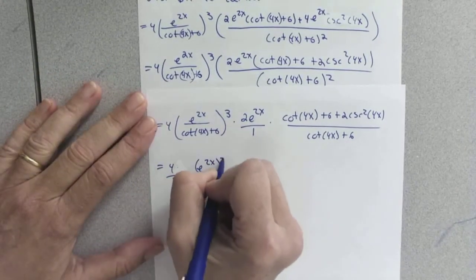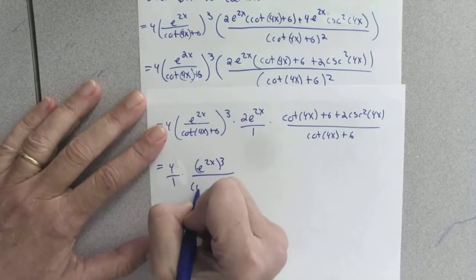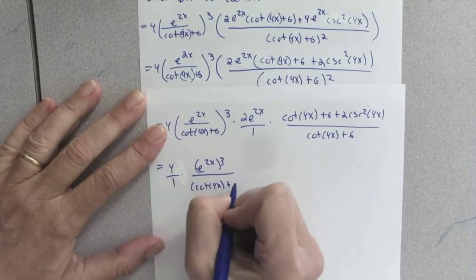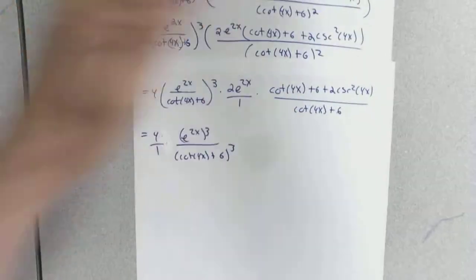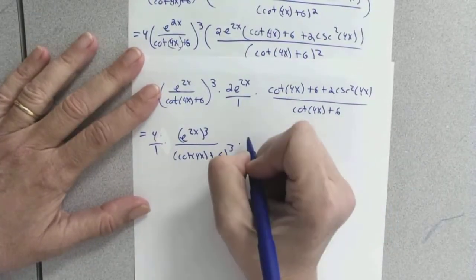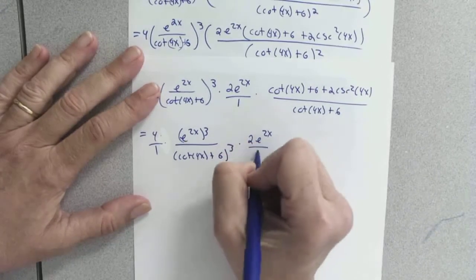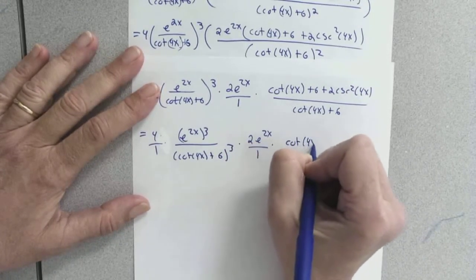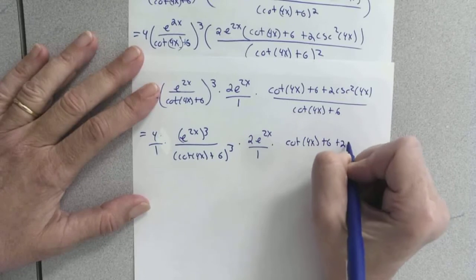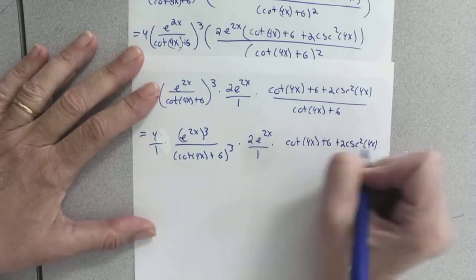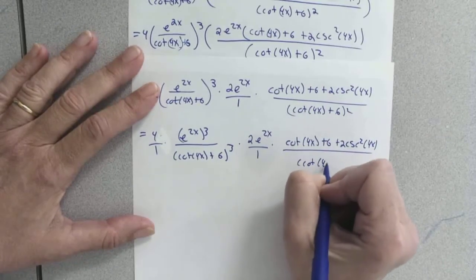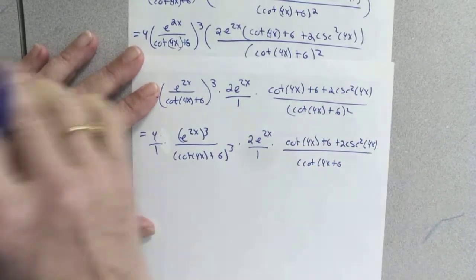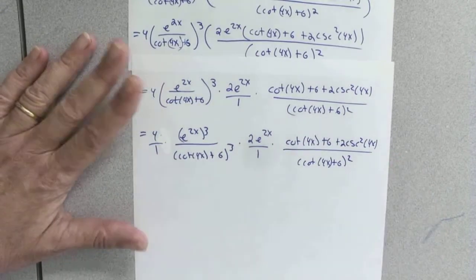And then that'd be e to the 2x cubed over cotangent(4x) plus 6 cubed. That is, instead of just having one fraction cubed, I can cube the numerator and denominator separately. And then 2e to the 2x over 1 times cotangent(4x) plus 6 plus 2 cosecant squared(4x), all over cotangent(4x) plus 6, quantity squared.